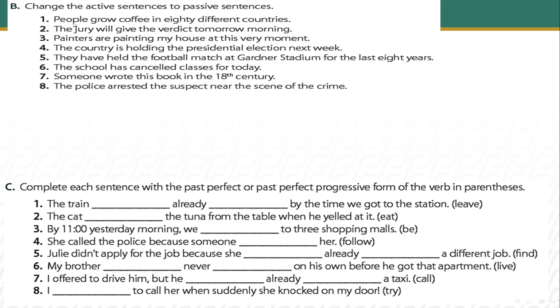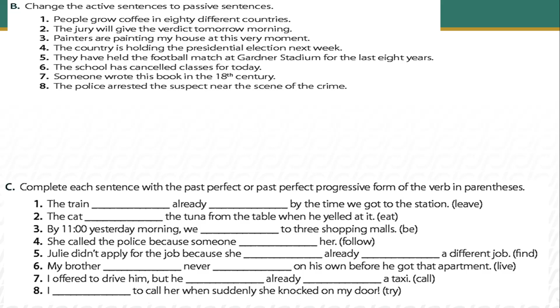Let's do the first one. People grow coffee in 80 different countries. So we will start our sentence with coffee. Coffee is singular, and the sentence is present tense, so we will use is.